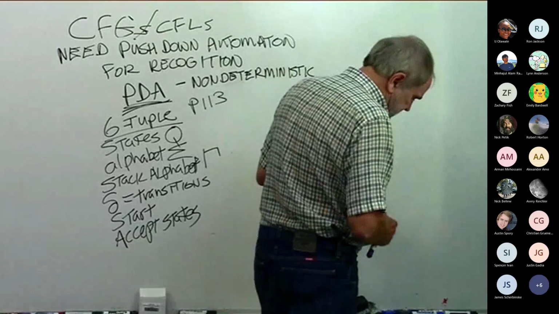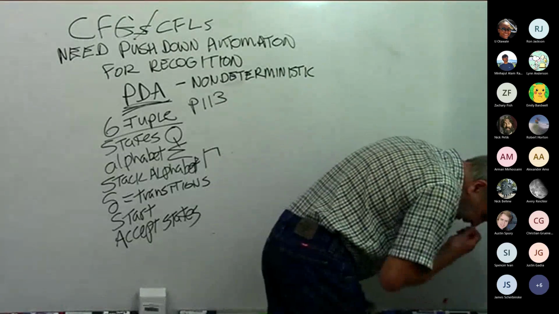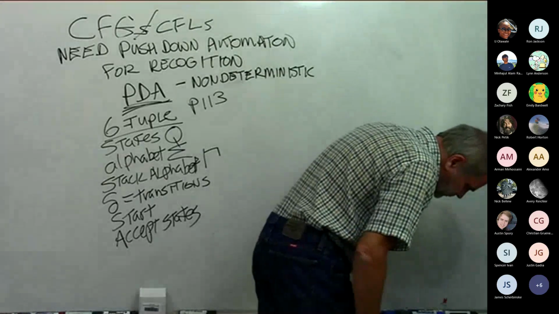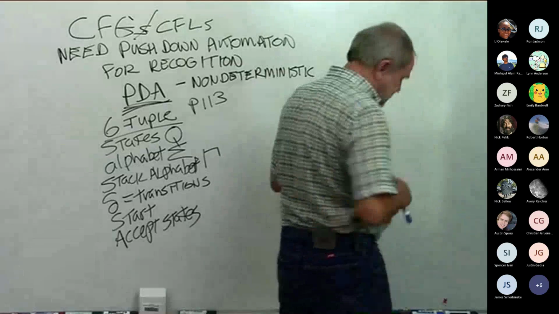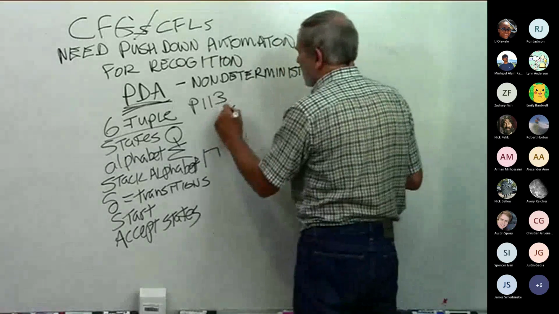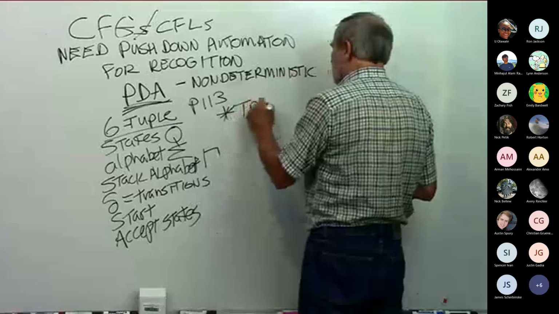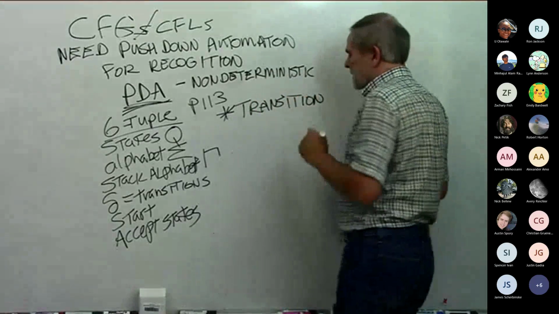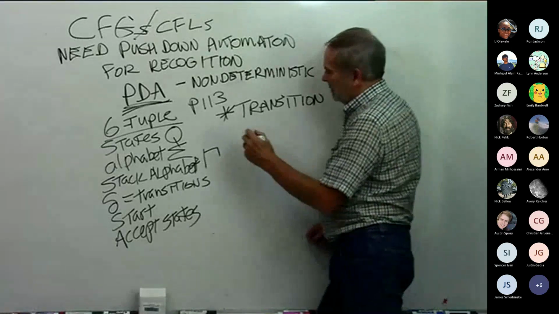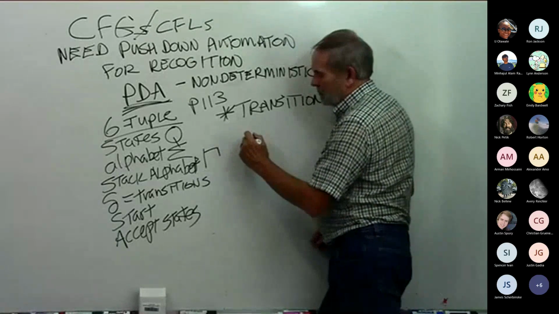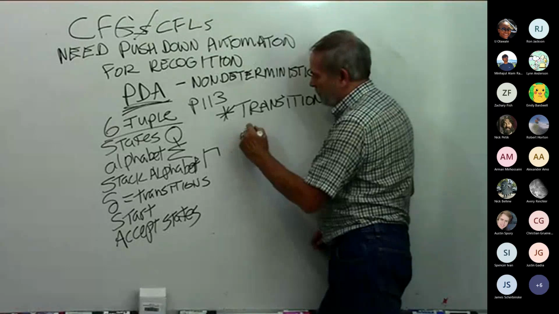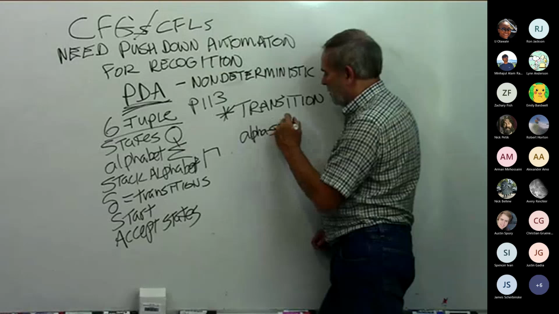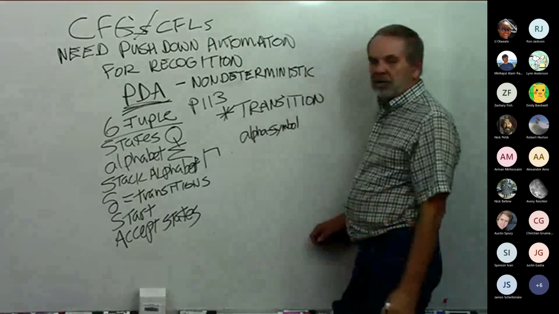So a transition, if you wanted to look on page 115, I guess, shows an example. So the tricky part on these: a transition consists of the alphabet symbol telling it when to transition.